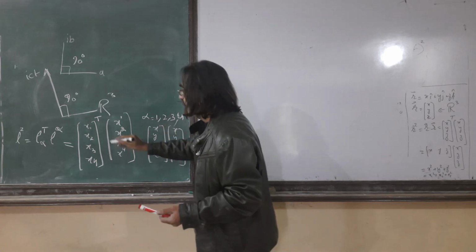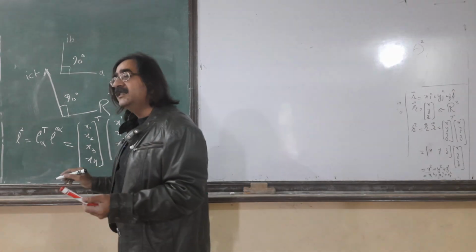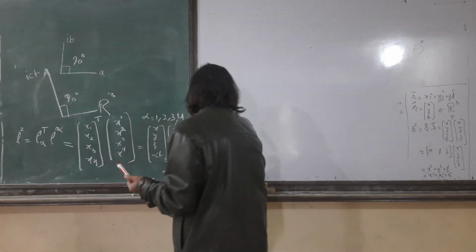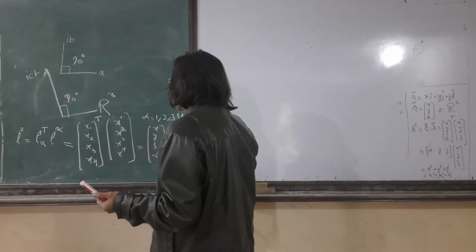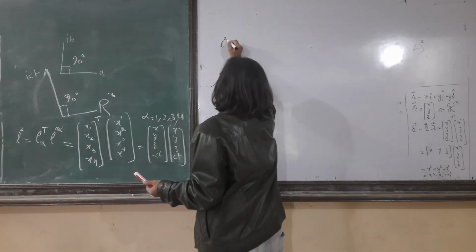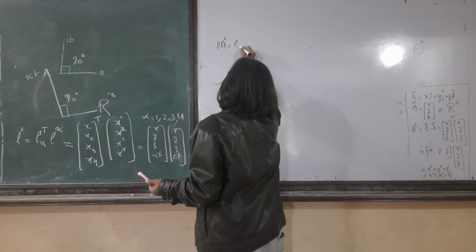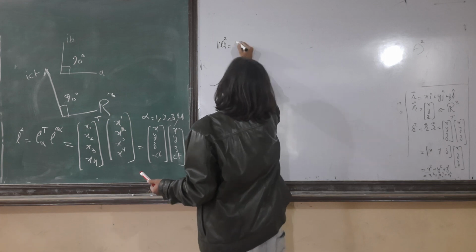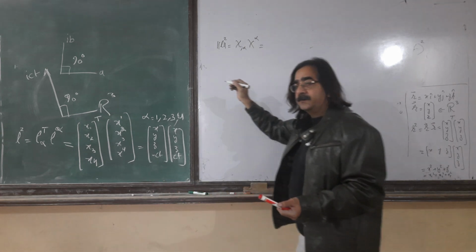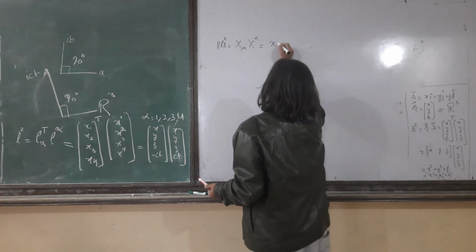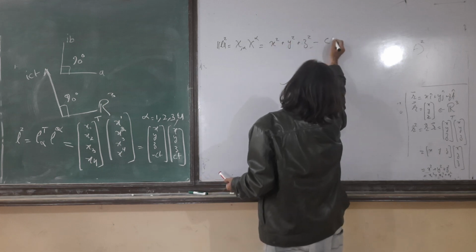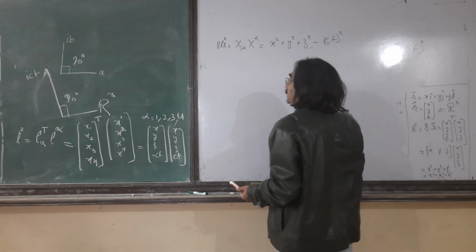If I say that x4 is actually x naught, and I replace x4 with x naught, then as we know, L square, which is x alpha and s alpha, was x square plus y square plus z square minus ct square.